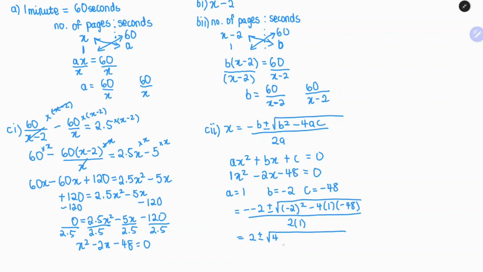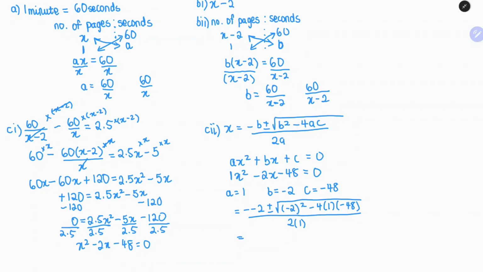Let me just put it into the calculator instead of going through the small nitty-gritty processes. So we'll put in minus negative 2, or 2, however you want to put it, plus the square root of negative 2 squared minus 4 times 1 times negative 48.